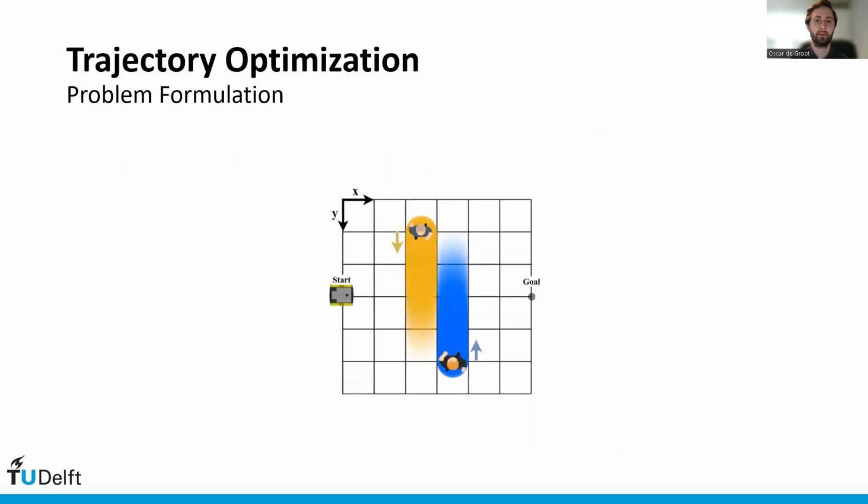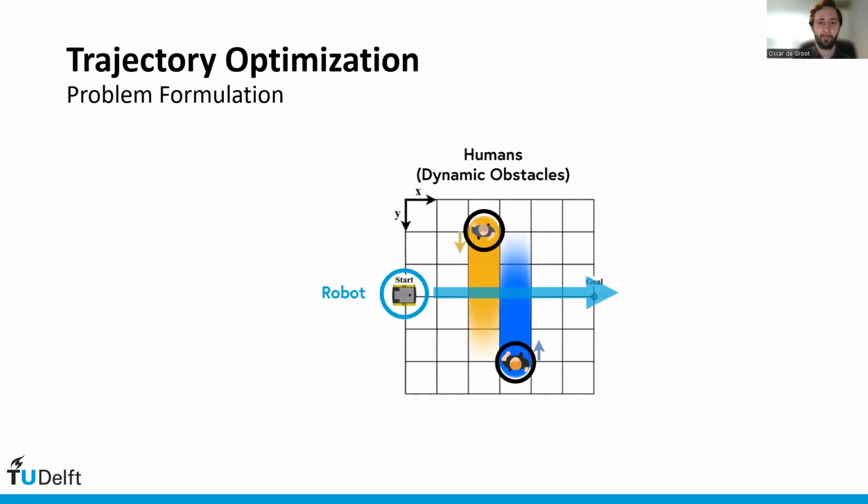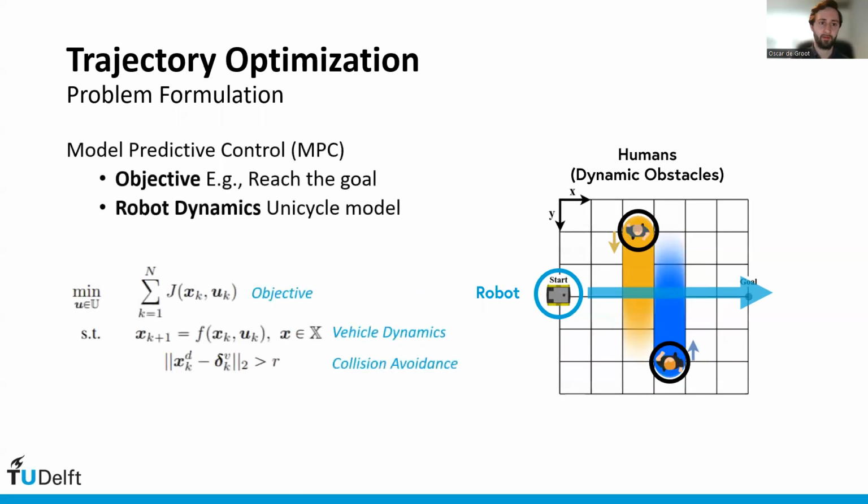The setup that we consider is the following. We have a robot that is a mobile robot, and we have several humans in the environment that form dynamic obstacles that the robot must avoid. And the goal of the robot is to reach a goal in space. And usually this problem is solved via a model predictive control problem, where we formulate as the objective to reach the goal under some robot dynamics, for example, a unicycle model.